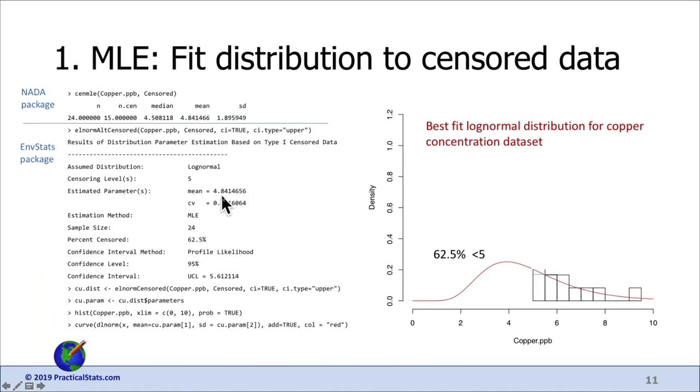It fits a mean of 4.84, a CV here, a standard deviation up here. You can translate one to the other pretty easily, depending on the package, what it gives you. There were 24 observations and so on. It can even give you a confidence interval around that mean, or a one-sided UCL around that mean, once we fit the distribution to this.